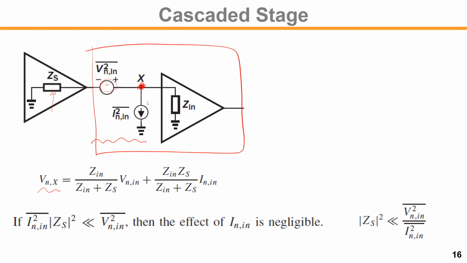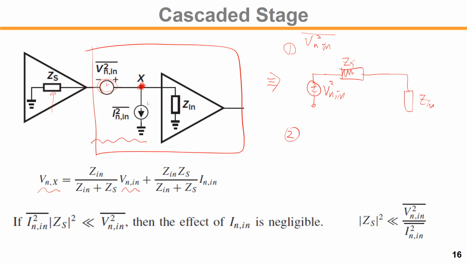The Vn voltage will be divided, a resistor division takes place, between GS and Gin. First for the Vn square, we can use superposition.